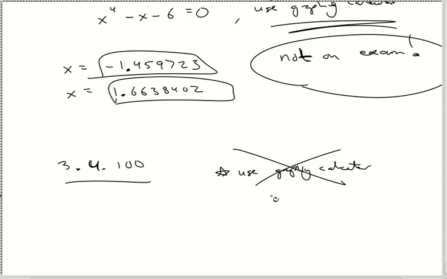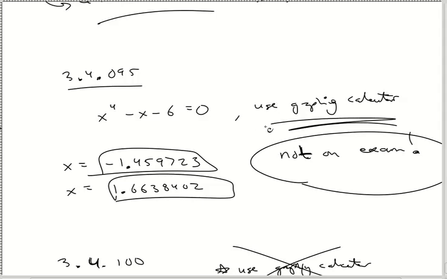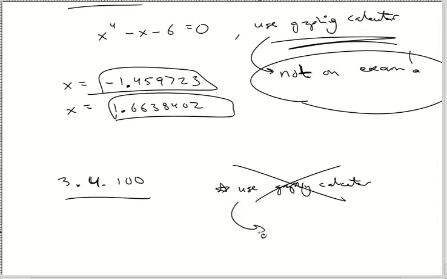Now, see, this is the thing. I've been through this class a couple times, right? I've seen these problems a couple times, right? So when I set up here, use a graphing calculator is not on an exam, but now I'm saying, hey, use a graphing calculator. It might be on an exam. Okay? Well, now, that sounds contradictory, right? I'm just saying, this particular problem here, you don't need to really use a graphing calculator.